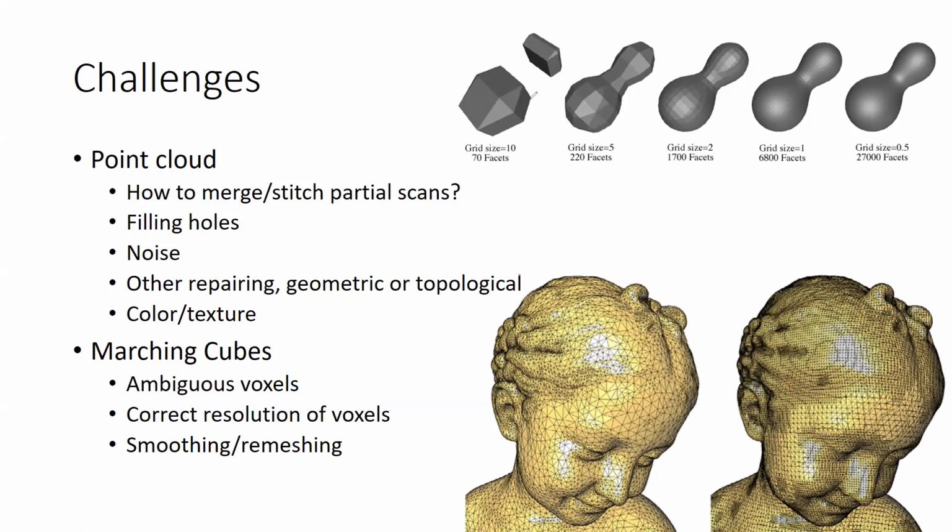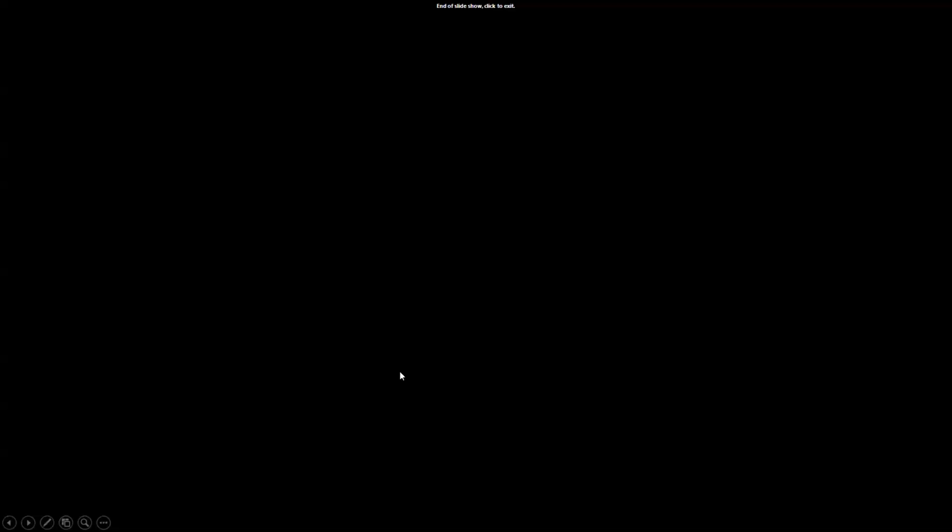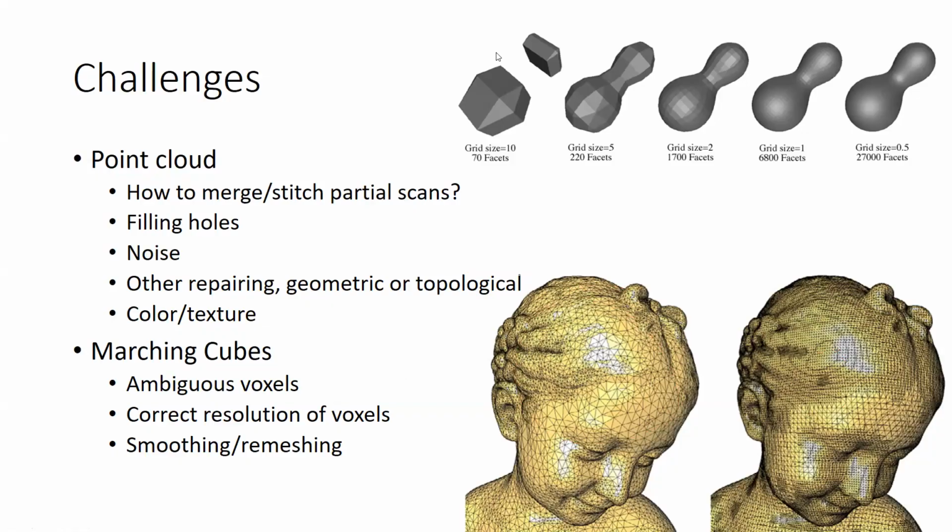You have to remesh or redistribute the mesh to be like that, which is nicer and more eye pleasing. So that's the other challenge for marching cubes. That ends our first part of the lecture about surface reconstruction, and we'll quickly go to our next topics, unless anyone has any questions?